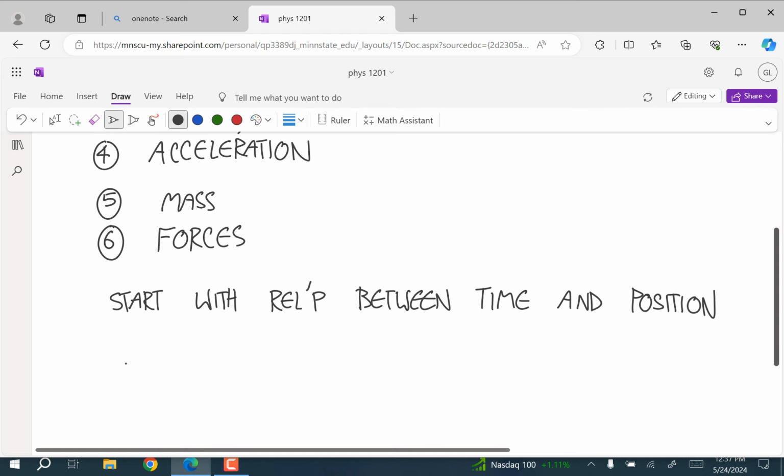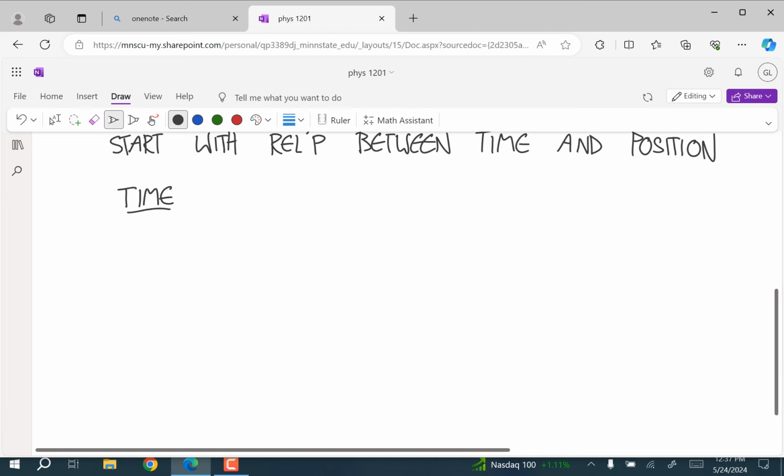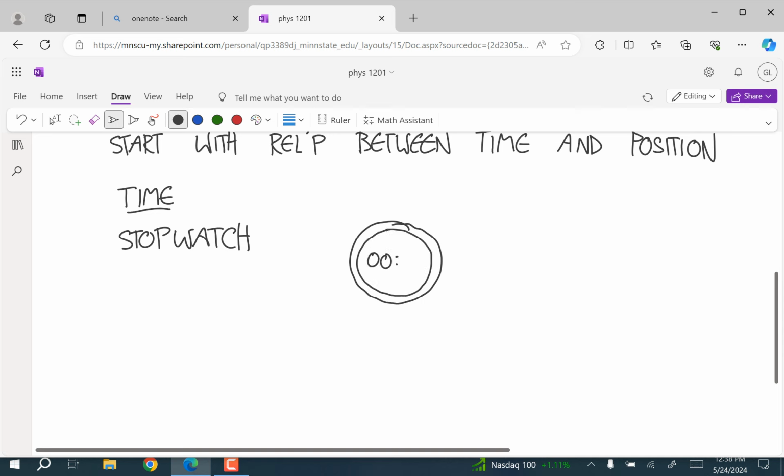And I'm going to start by saying what I mean when I talk about a measured time. You can think about this entirely in terms of a stopwatch. I think that's a good way to do it. So for a stopwatch, I'm thinking of something that could be like a handheld thing that has minutes and seconds on it.